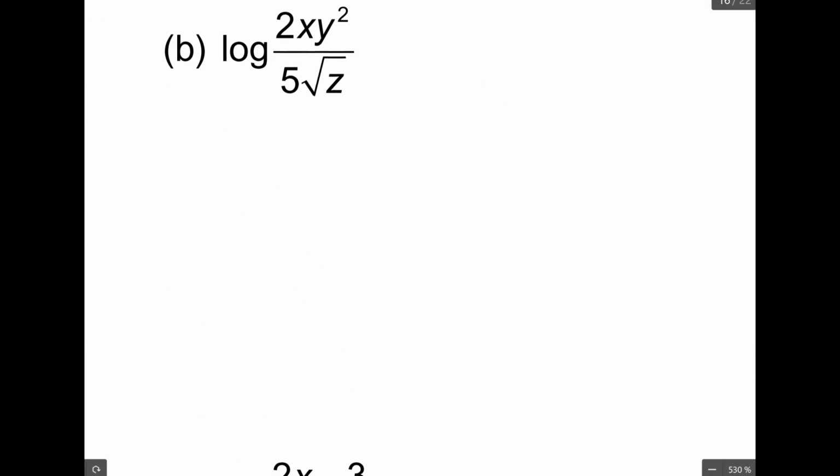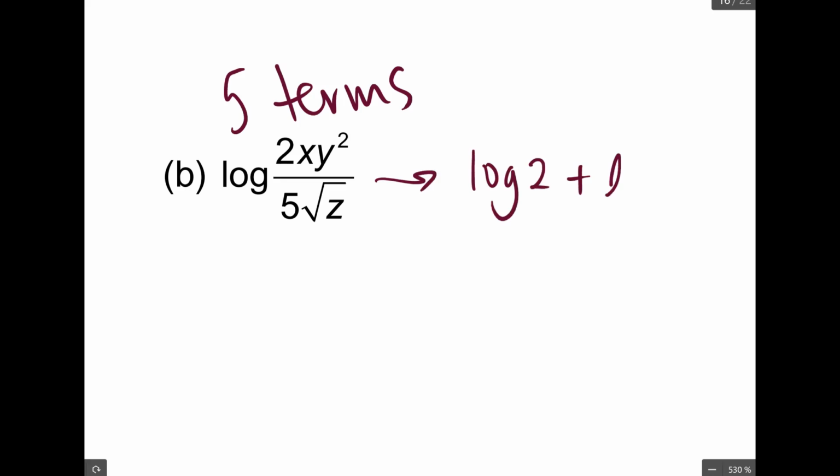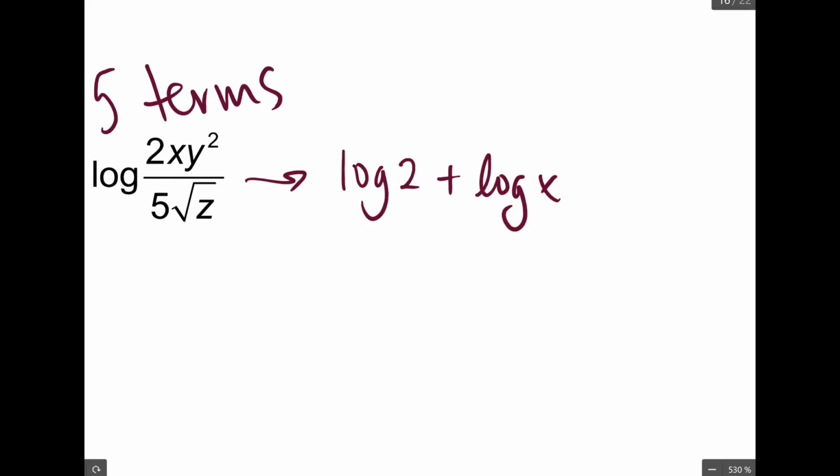This one's going to be a little more difficult because not only do we have a product, but we have a division, and the numerator and denominator are both products. So there's going to be 5 distinct terms. I have a 2, an x, a y squared, a 5, and a z. So let's rewrite out the top. I have log 2 plus log x plus log y squared.